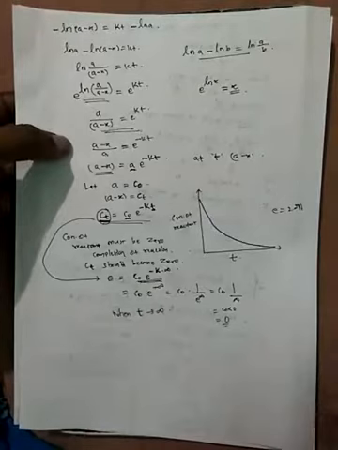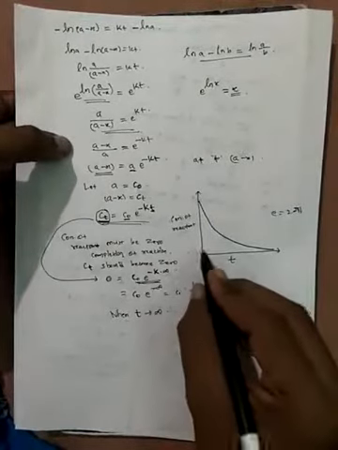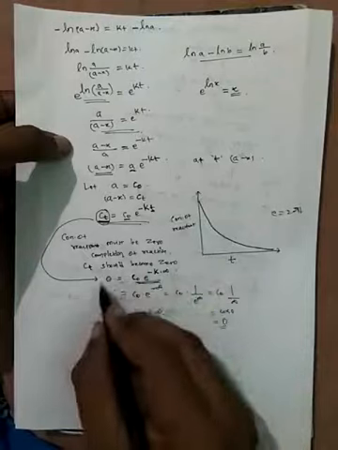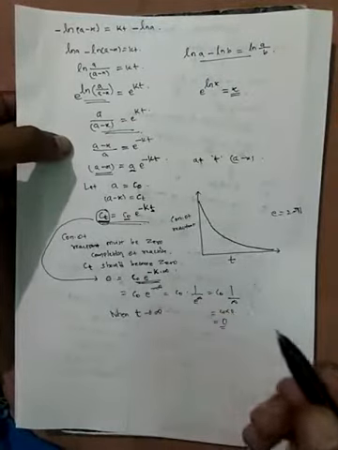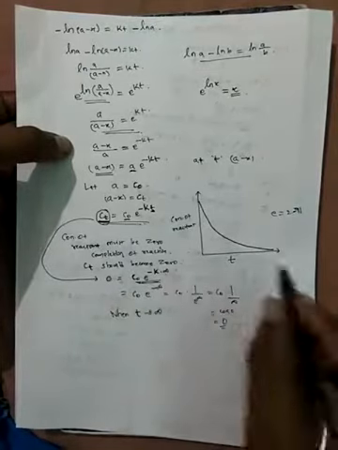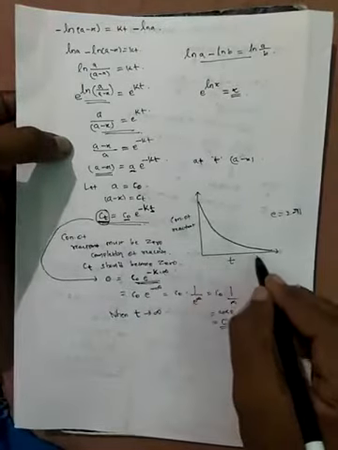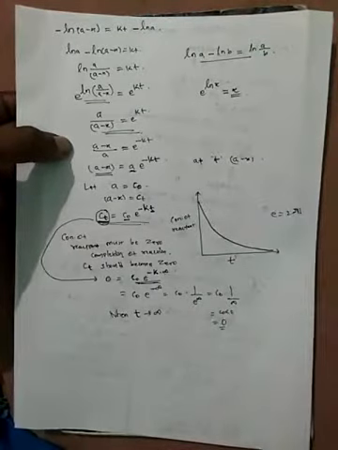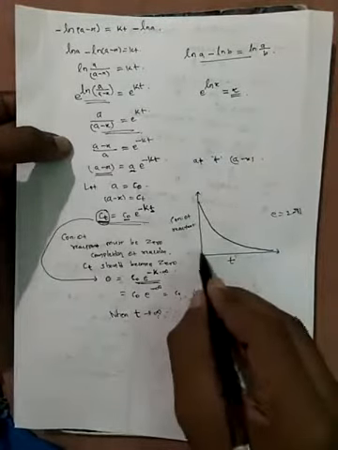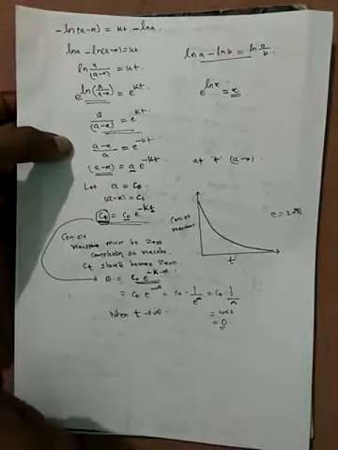So that means the concentration will become 0 only when the time is infinite. The time is increasing along the x-axis, so the time should go on to infinite to attain 0 concentration of your reactant.